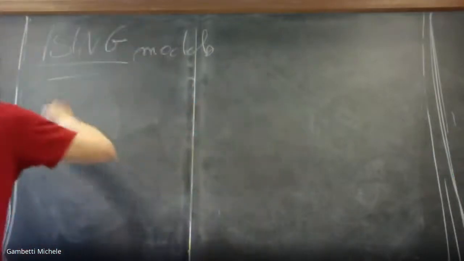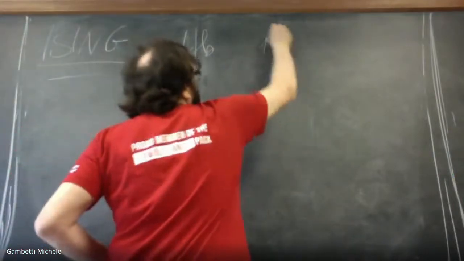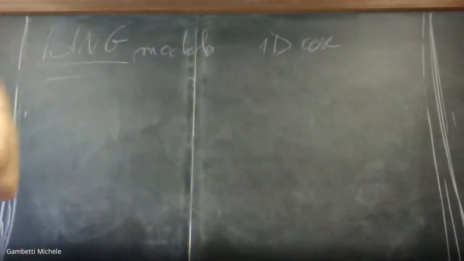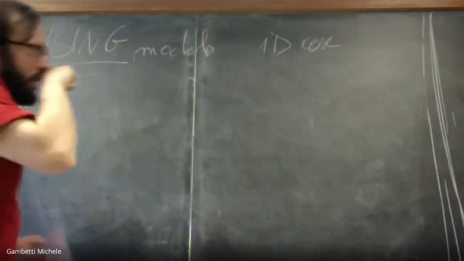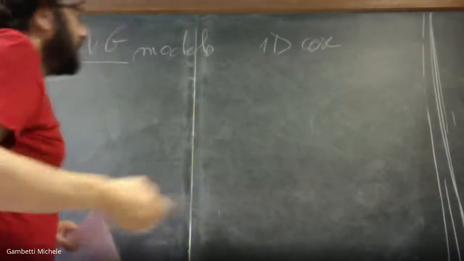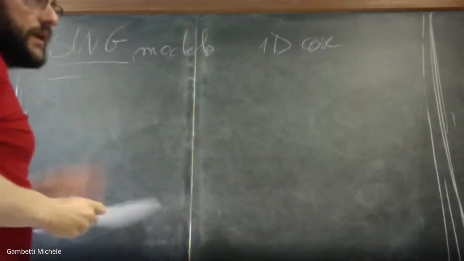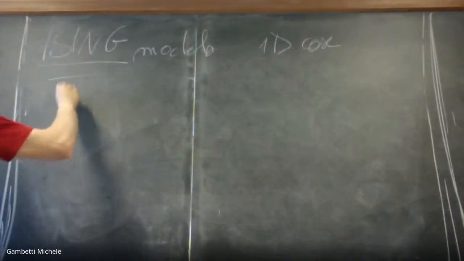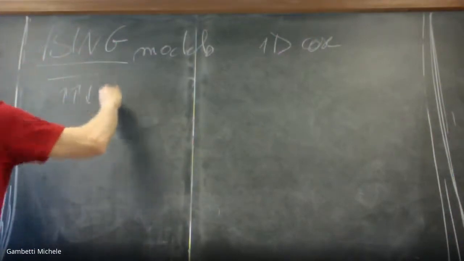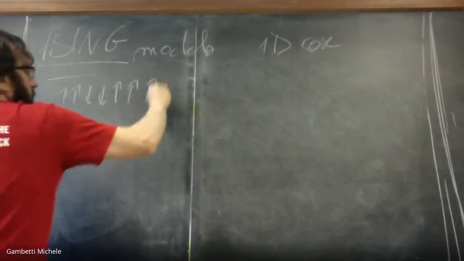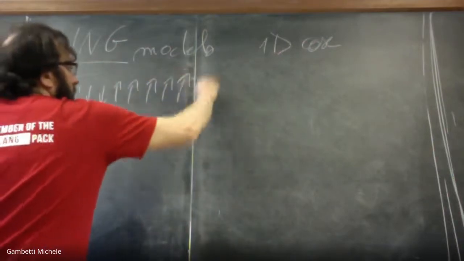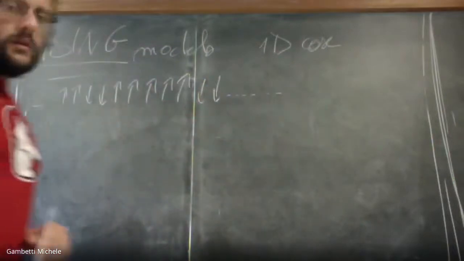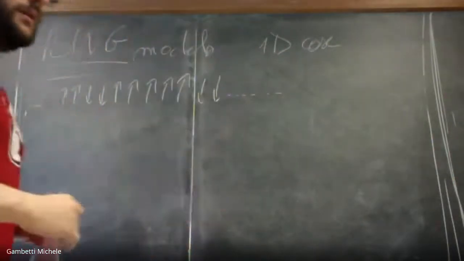Well, let me start with the 1D case. In the 1D case, we basically have a chain of spins, if you want to think about spins, that can be in two states, up and down. So we have a linear chain of spins in discretized positions.